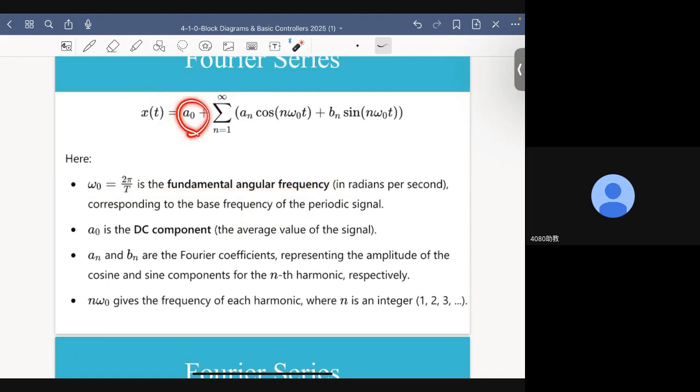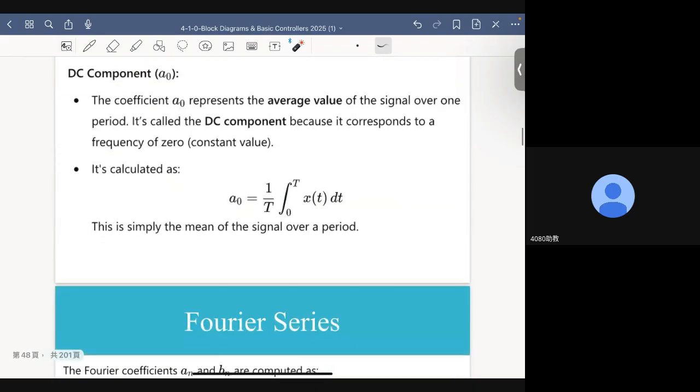And A0 is the DC component, okay? What is a DC component for a periodical signal? It is essentially the average value of the signal, which means this, okay? This x of t, we integrate within one period, okay?